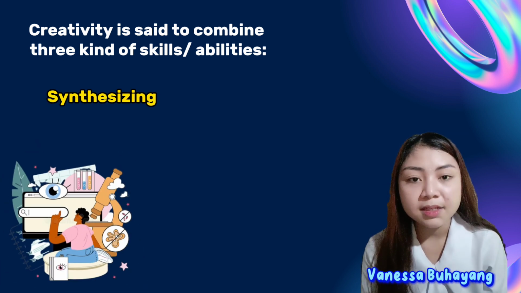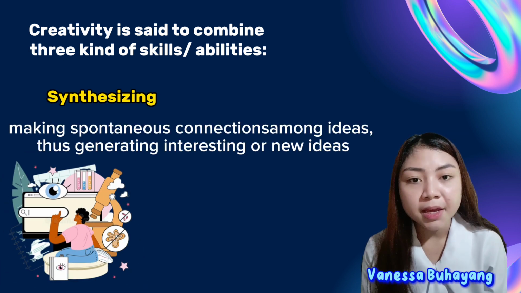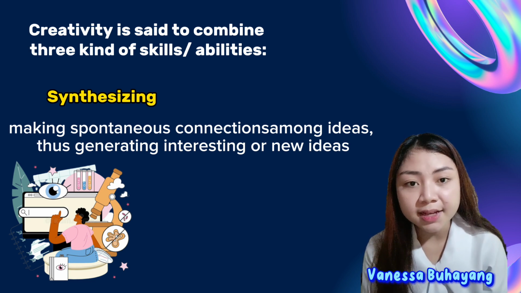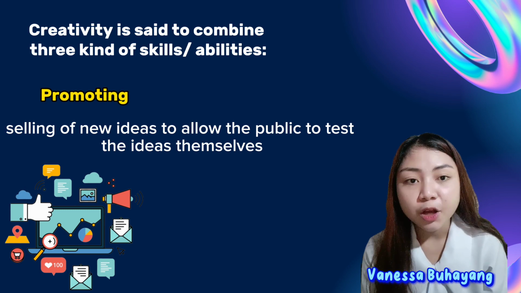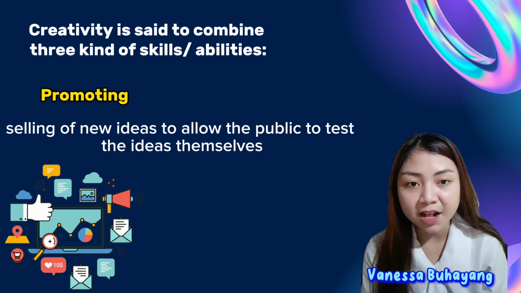The second one is synthesizing, making spontaneous connections among ideas, thus generating interesting or new ideas. To synthesize is to combine ideas and create a completely new idea. And the last one is promoting, selling new ideas to allow the public to test the ideas themselves.